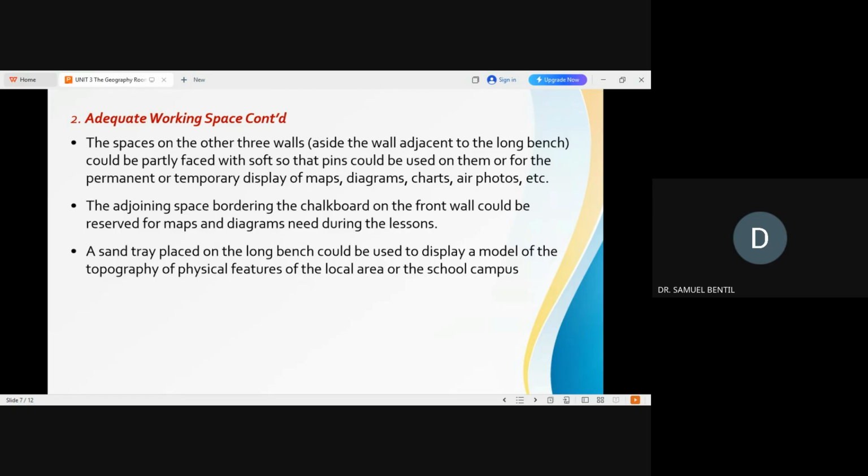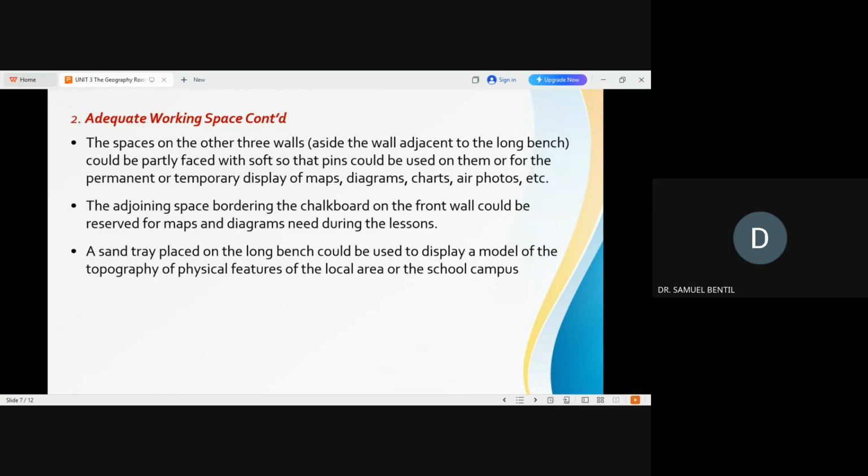Also, the spaces on the other side of the three walls. When we say the other side of the three walls, we are talking about the first wall, the one in front of the class, where the wall maps and those things are, which has been occupied with the board and other things.